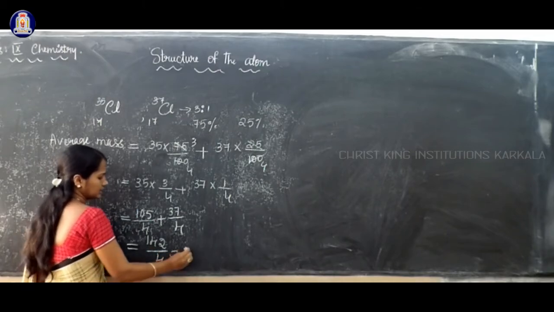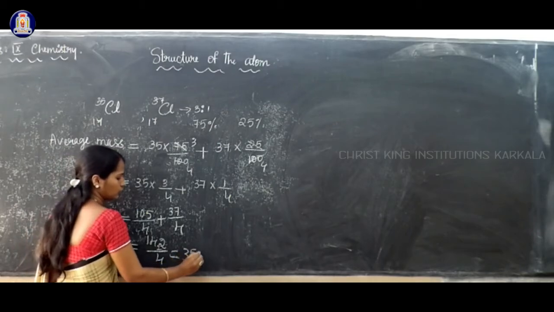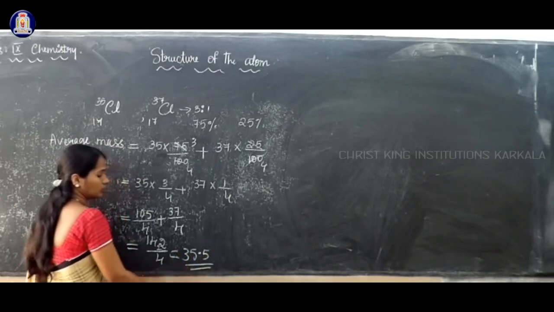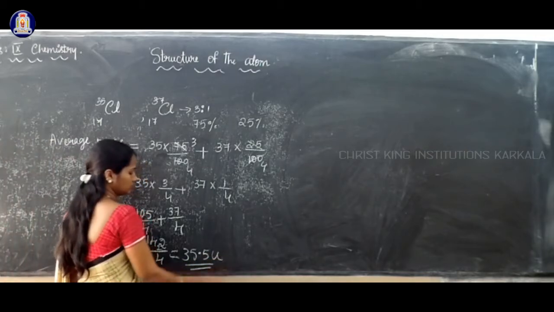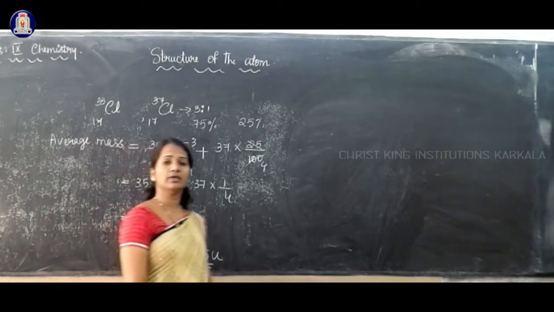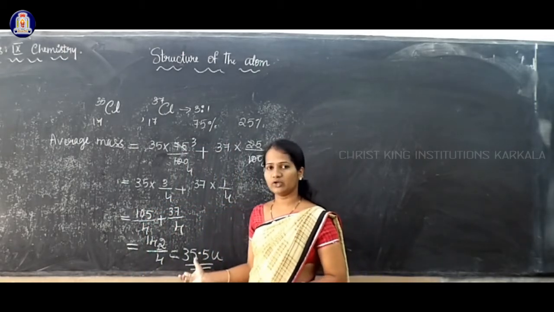That is 4 3s are 12, 2 carry 22, 4 5s are 20, 2 carry 5. That is 35.5. The average atomic mass is 35.5 atomic mass unit. Average atomic mass of chlorine is 35.5.